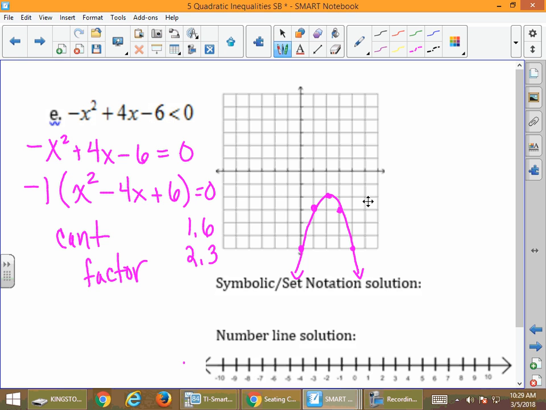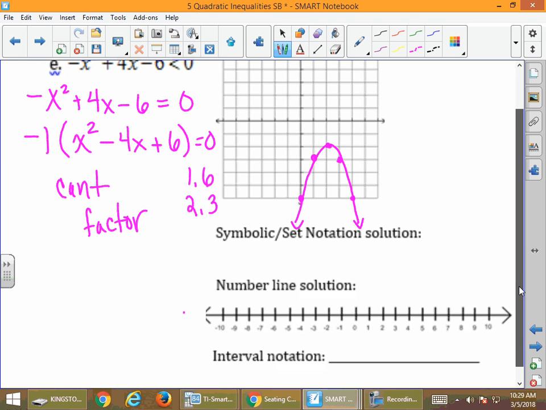Let's go back and look at what we are looking for. It says -x² plus 4x minus 6 is less than 0. So are we looking above or below our x-axis here? We're looking below. And the thing is that our entire graph is below the x-axis.